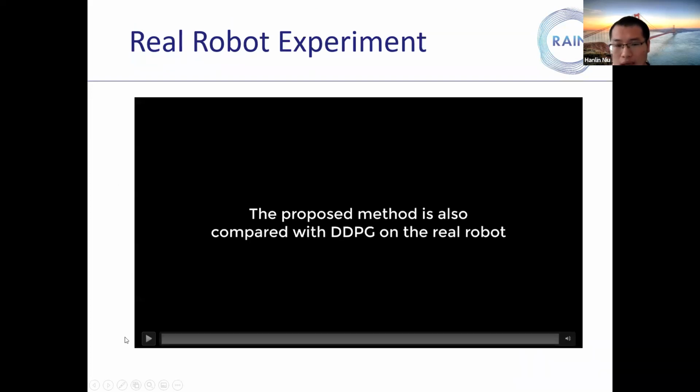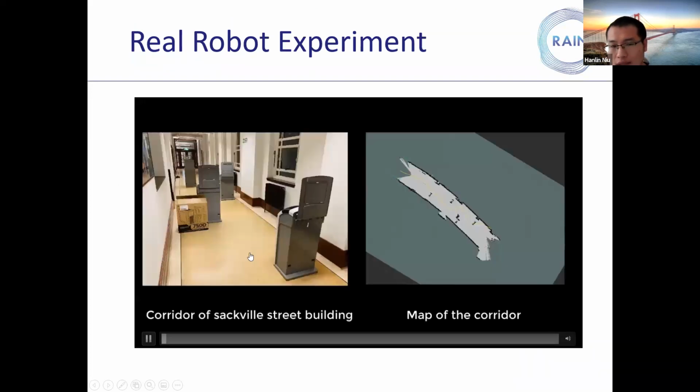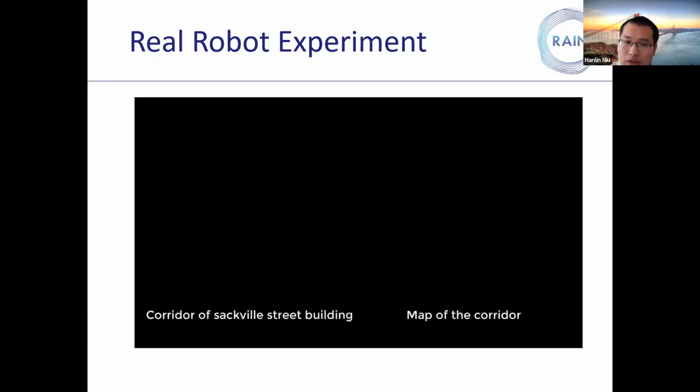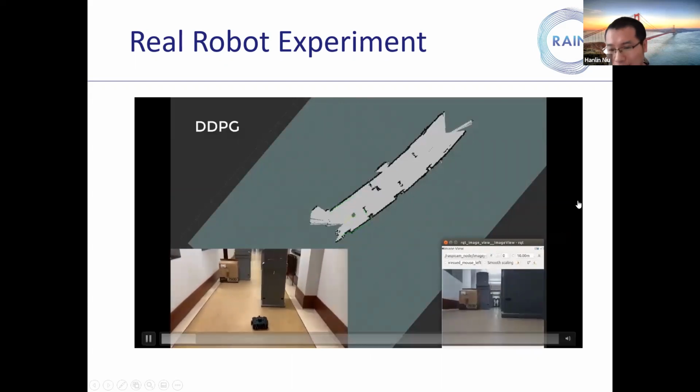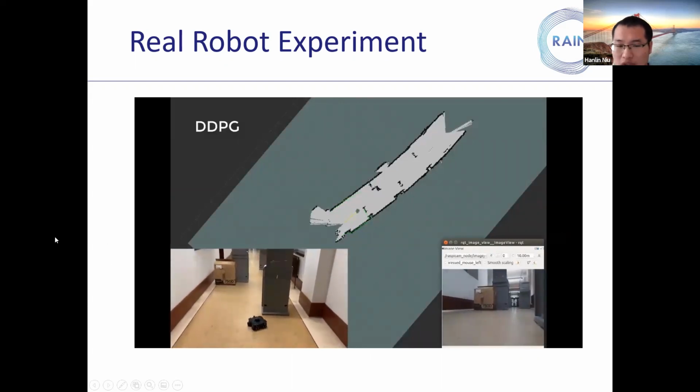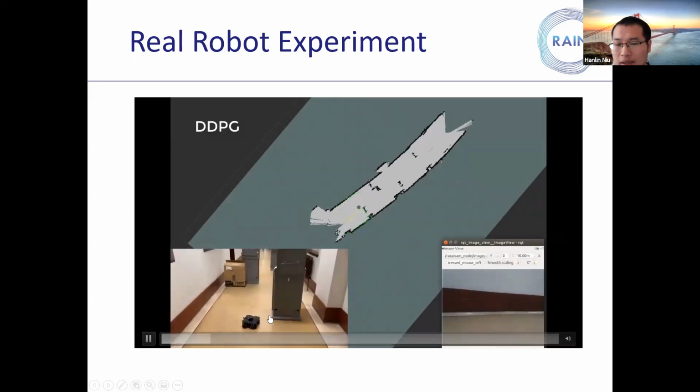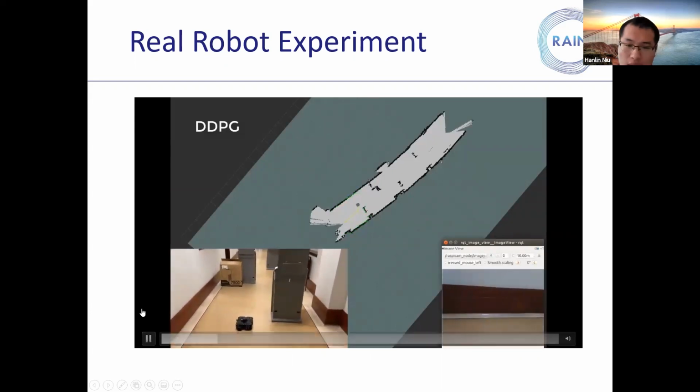And then we tested it. We integrated the trained weights into the real robot directly. We found that using the original DDPG, it couldn't even avoid the first obstacle.